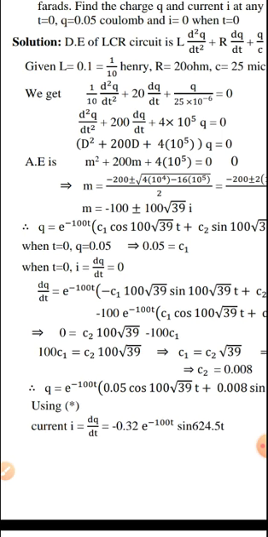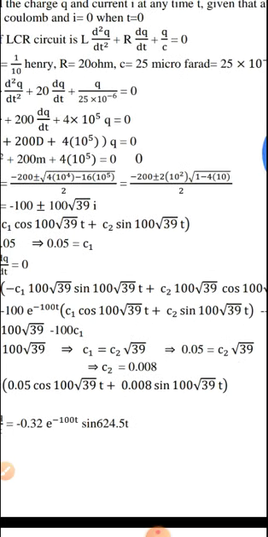Then the rest will be calculation. Again, while calculating, cos 0 will be 1, sin 0 will be 0. So this will give 0 equal to 100 into root 39 C2 minus 100 C1. Further calculation gives C1 equal to C2 into root 39.